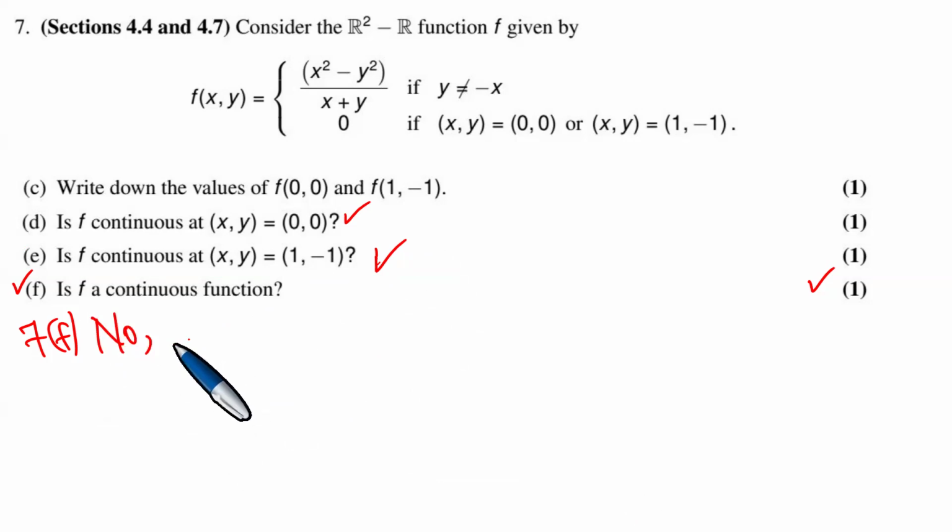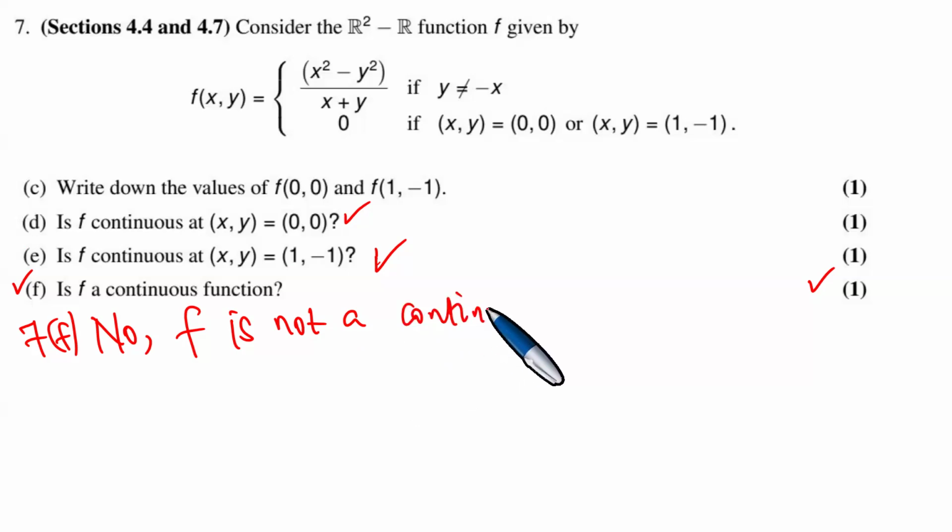Why is this function not continuous? So this would be the answer: no, f is not a continuous function. Why is it not a continuous function?